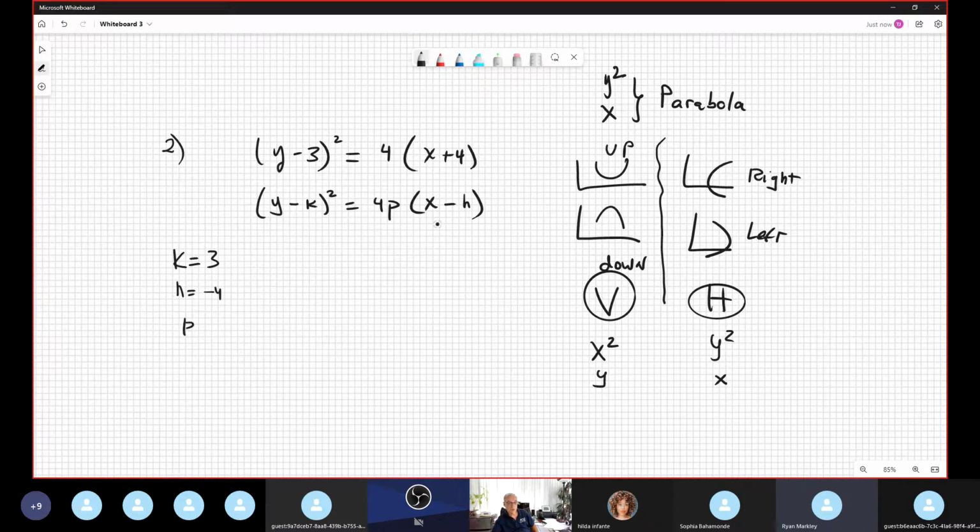And 4p equals 4, so it is obvious that p is 1. If p is positive, our parabola opens to the right. It is a horizontal parabola. A horizontal parabola opens to the right.